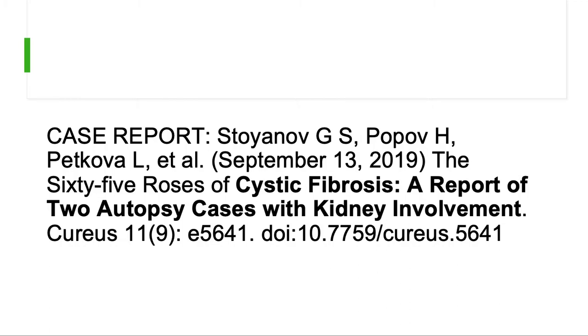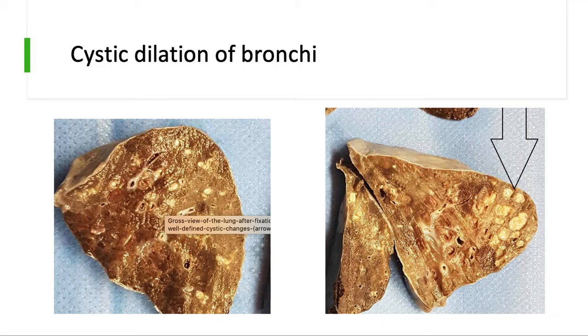We're going to look at two pediatric cases of clinically confirmed cystic fibrosis that were referred for autopsy at the Department of General and Clinical Pathology at the University Hospital. The first case was a 1-year-old female and the second was a 6-month-old female.